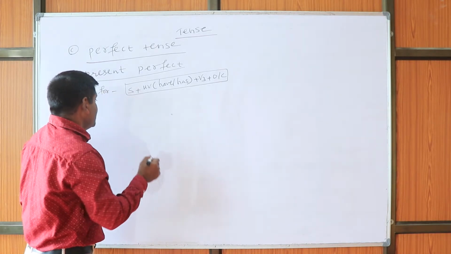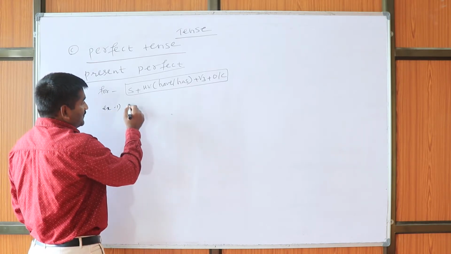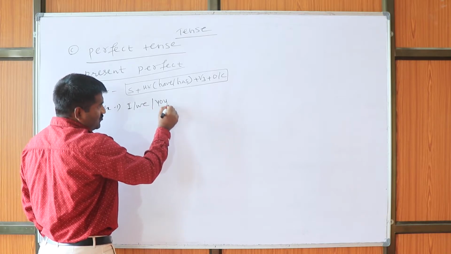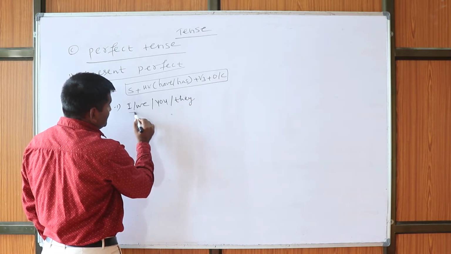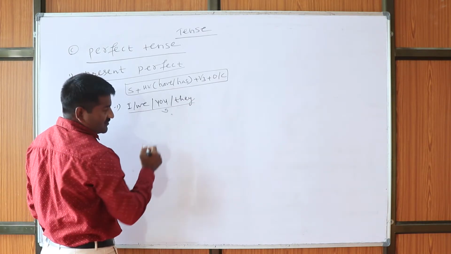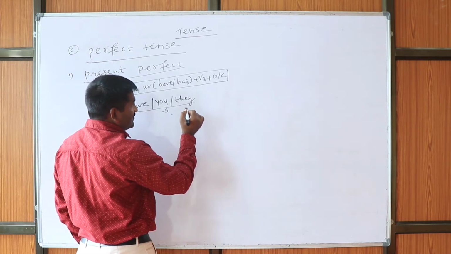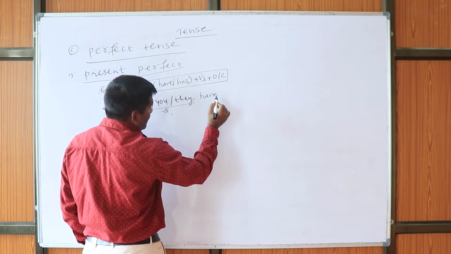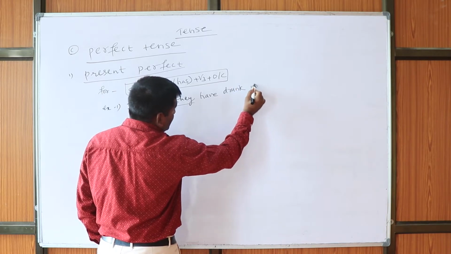For example, first, we have first persons like I, we, then second person you, and third person plural, that is they. These persons are called subjects, and these subjects take the plural helping verb, that is have. Then the third form, drunk, and water as the object.